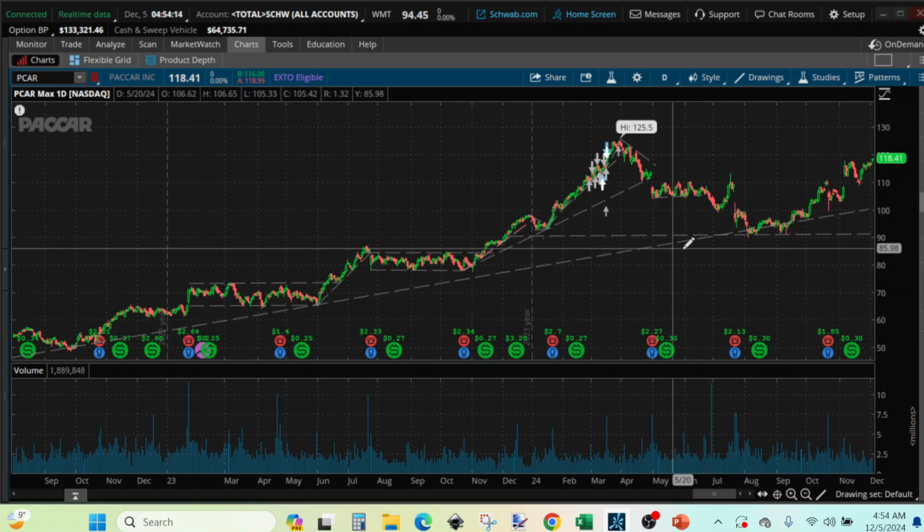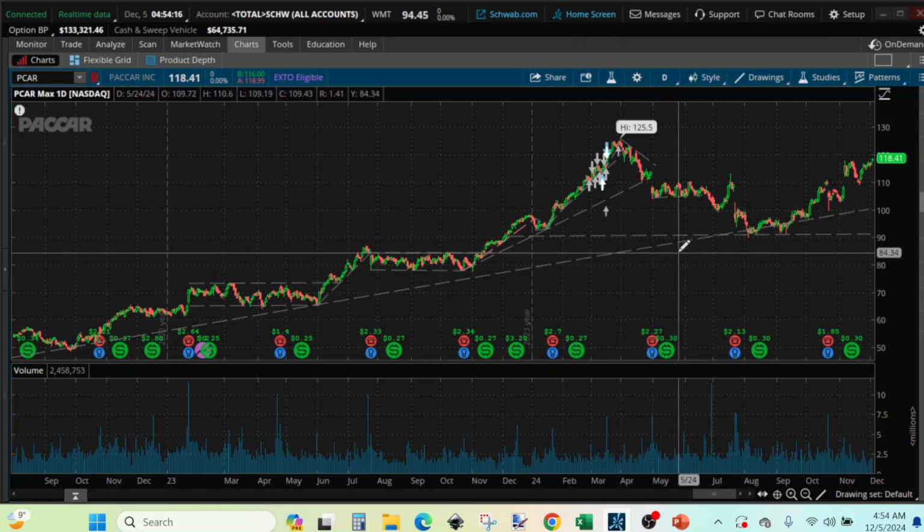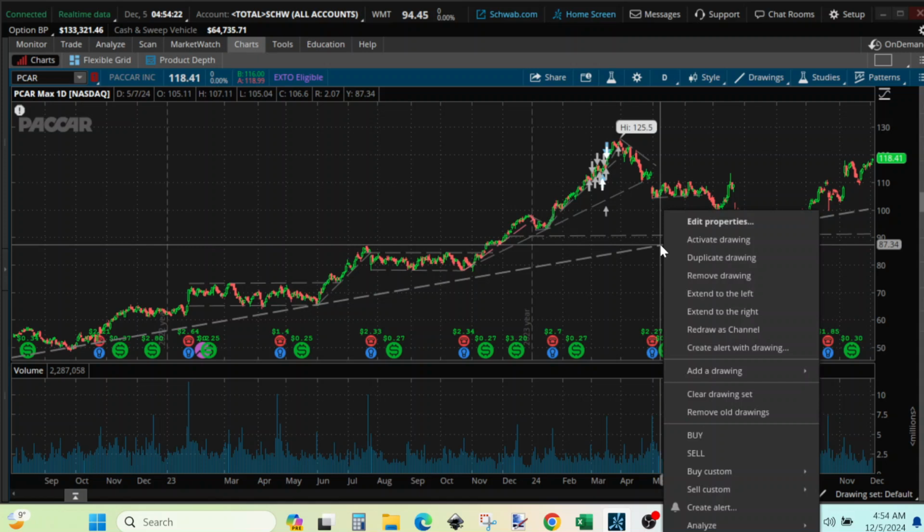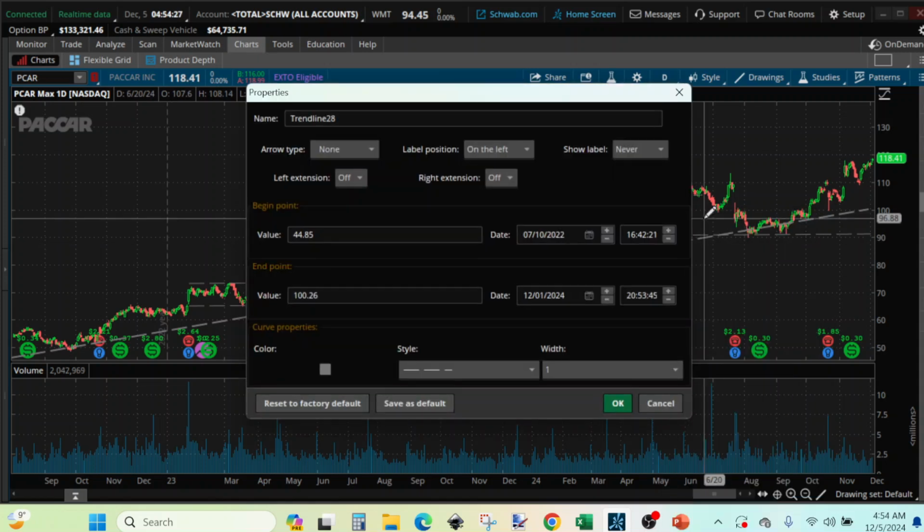Makes me think that if I'm going to be buying on those trend lines, in fact the trend line that I'm going to be buying on, we can actually change the color of it. Since we have multiple colors, let's see if we have colors here.